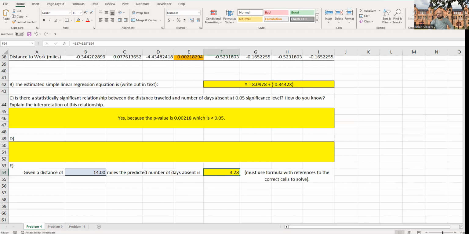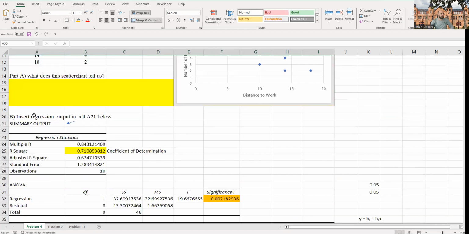And then in your book, let's see, it does ask for part D. It asks us for the coefficient of determination, and that's going to be the R squared value.